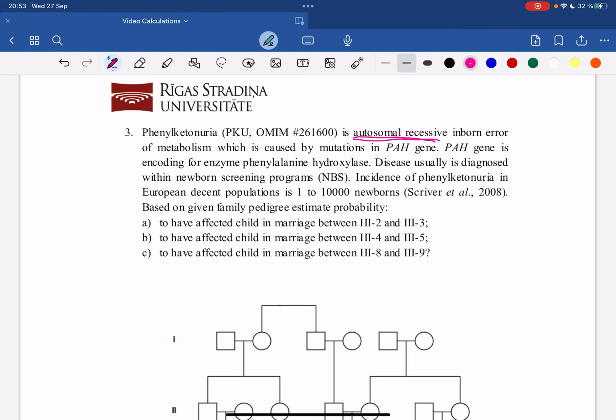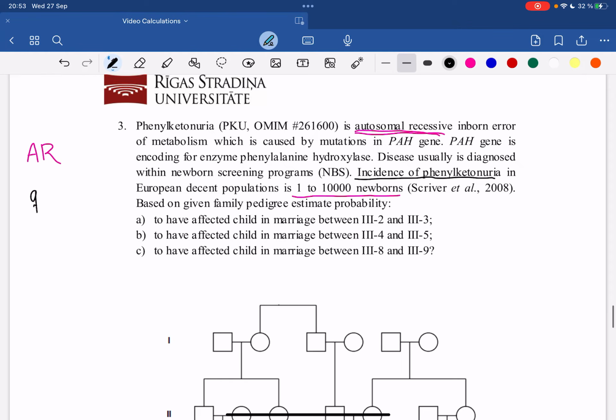So for autosomal recessive, let me just write it down. We have 1 out of 10,000 newborns, which is the incidence of phenylketonuria. That means that q to the power of 2 equals 1 in 10,000.